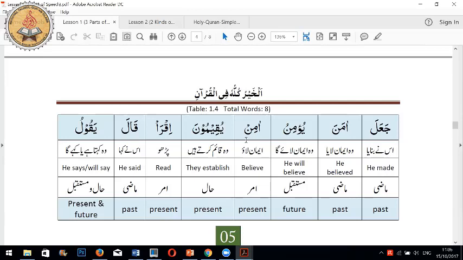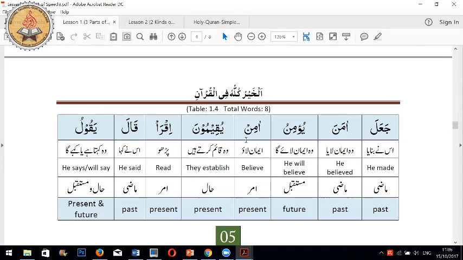Now, technically, just by analyzing the translation, either in Urdu or in English, usne banaya or he made, we quickly understand that this action is not going to happen in the future or at present, but he made is linked to the past. So in the past, the time which has gone, he made, ja'ala.